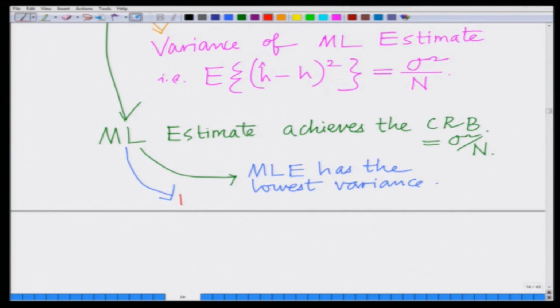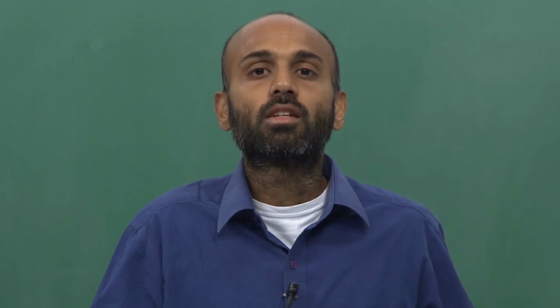Any estimator which achieves the Cramer-Rao lower bound is said to be an efficient estimator, which implies that it gives the lowest possible variance. In this case, since it is also an unbiased estimator, the variance is also basically your mean squared error.